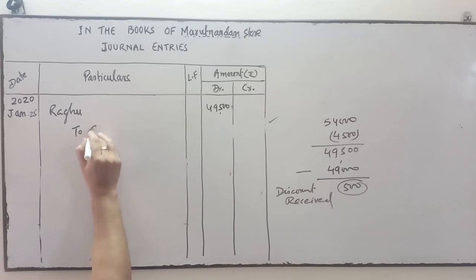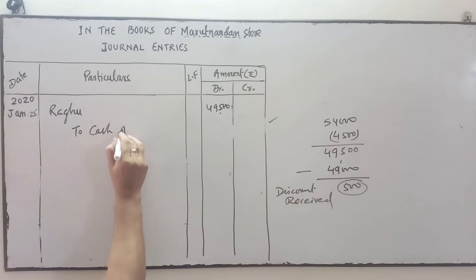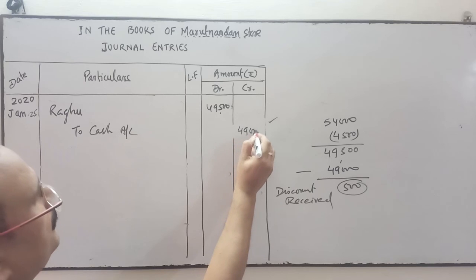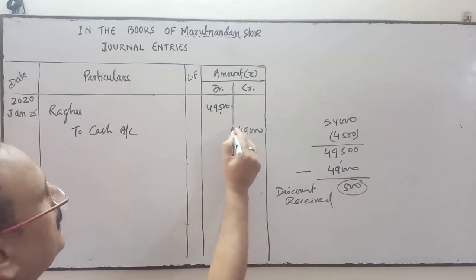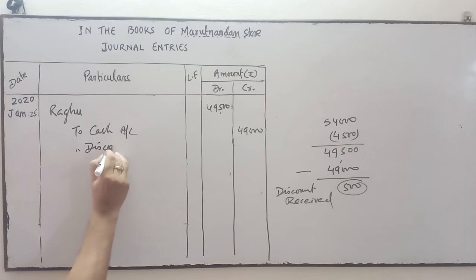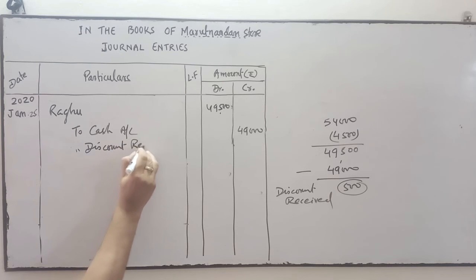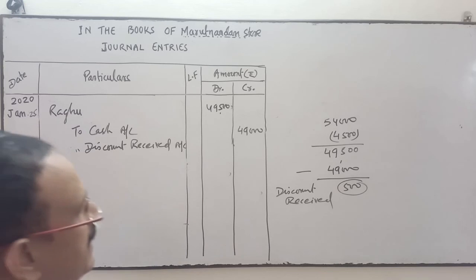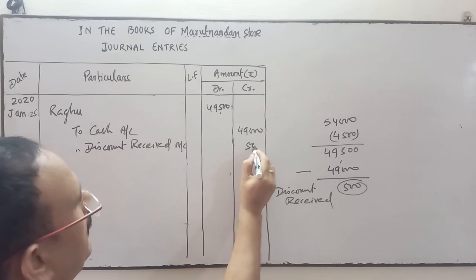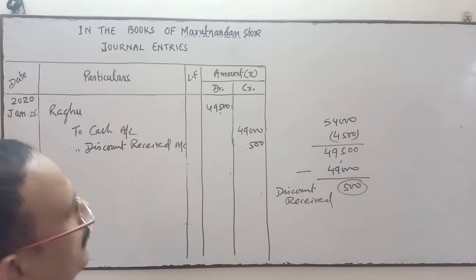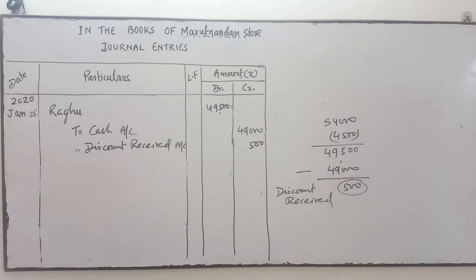To cash account we have paid cash. How much? 49,000. So cash goes out from the business, comes under real account, and we have earned a discount. Discount received. It's an income. All incomes and gains are credited as per nominal account. So 500 is our income. So discount received is 500.